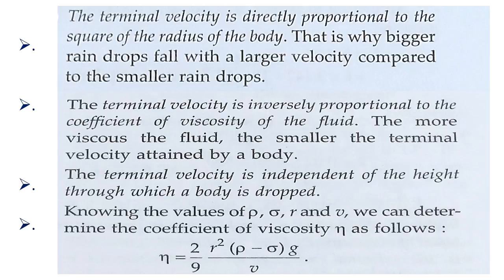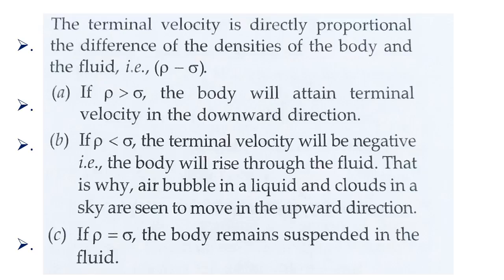And by knowing the values of rho, sigma, r and v, you can determine the coefficient of viscosity by using this formula. The terminal velocity is directly proportional to the difference of the densities of the body and the fluid, rho minus sigma.